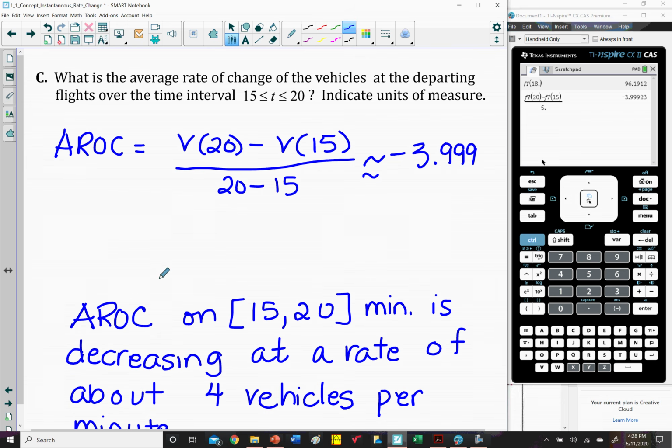So we could say the average rate of change on that 5-minute interval between 15 and 20 minutes inclusive is decreasing. Since our average rate of change is negative, the traffic is decreasing at a rate of about 4 vehicles per minute.